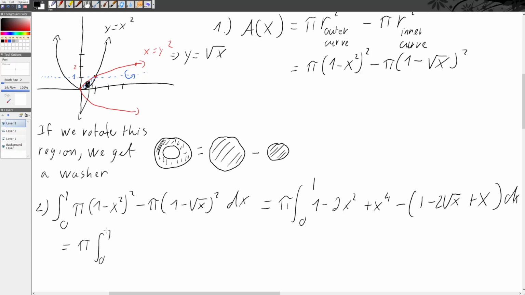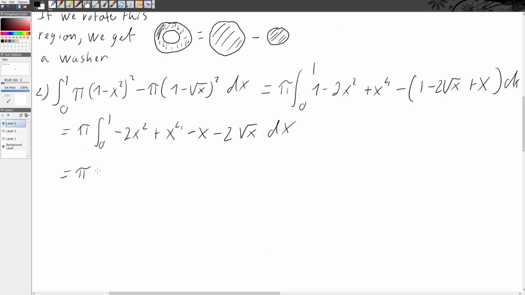Pi times the integral from 0 to 1. 1 minus 1, that's going to be 0, so minus 2x squared plus x to the 4th minus x plus 2 square root of x. Integrate.